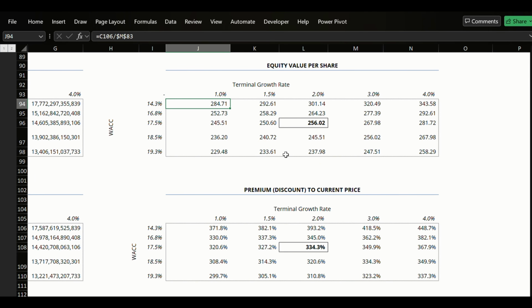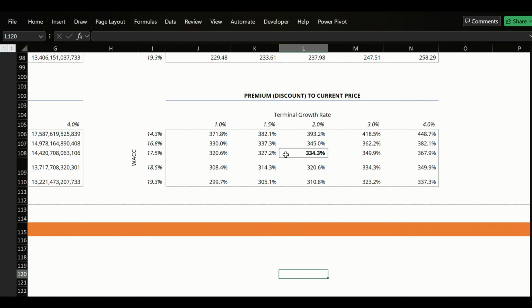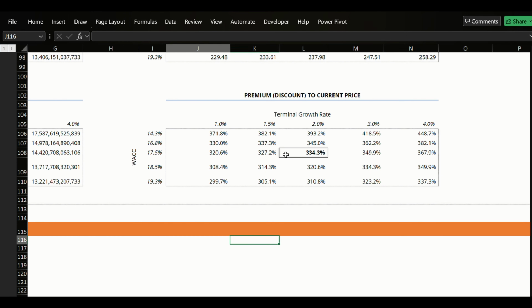From 284 to 256, from 256 to 258, from 258 to 229, 237, 229, and to 300. It's large, but not too large. The sensitivity is not too far off, apart from the 343 to 229, but the range is still so at 76 a share. You can see we are in a good run.